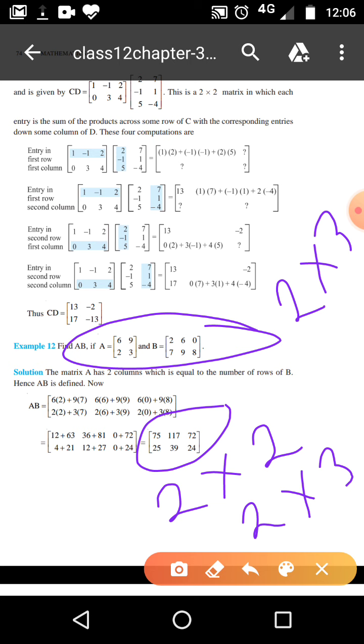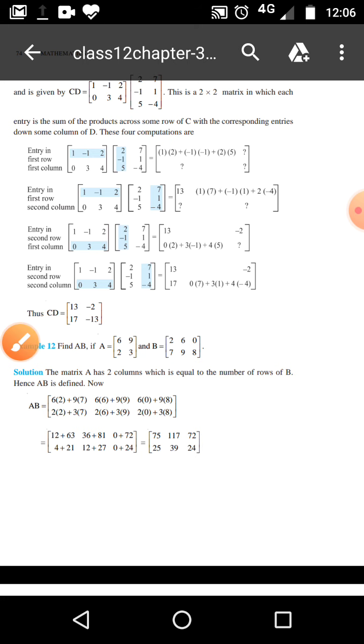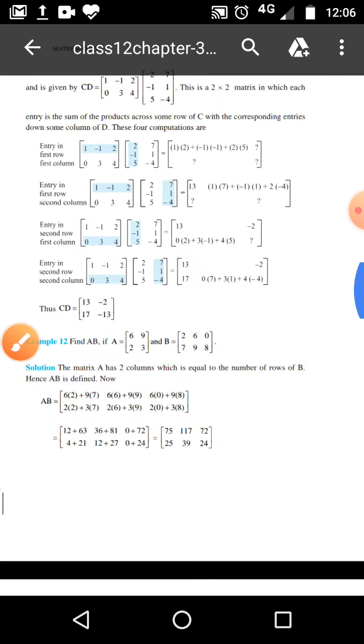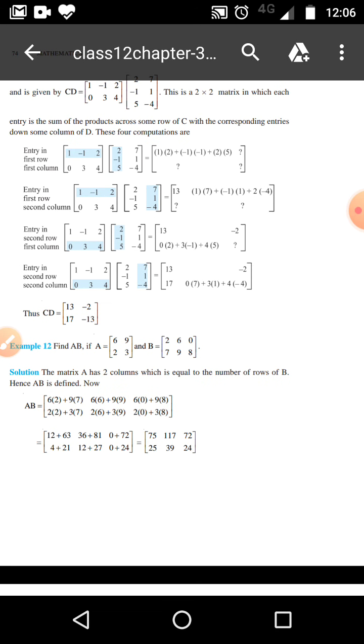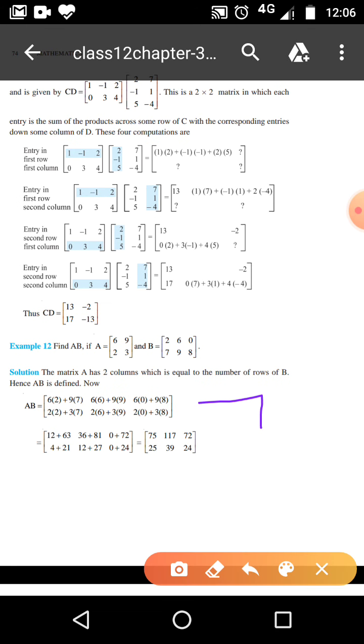So very easy. You just take multiplication. How will we multiply? See, I am just going to remove it. So see here, you just make it like this.